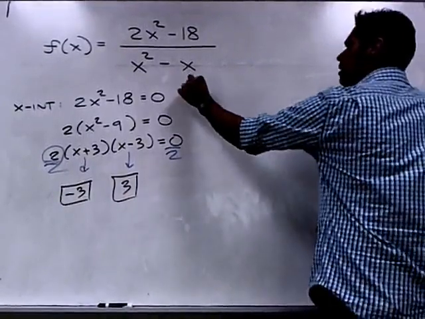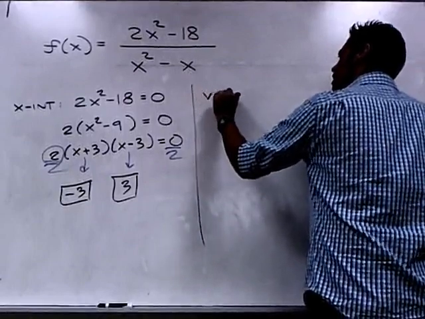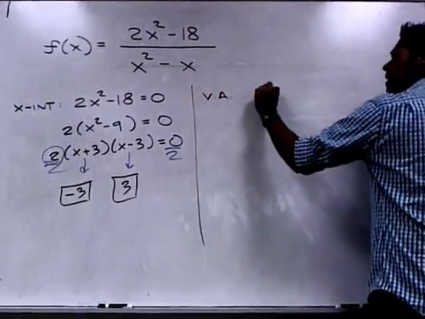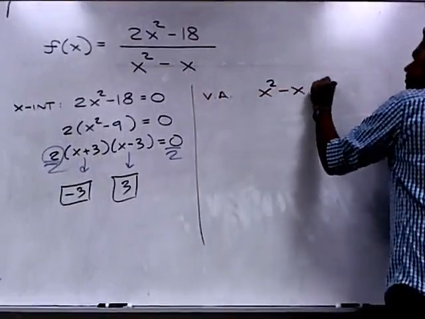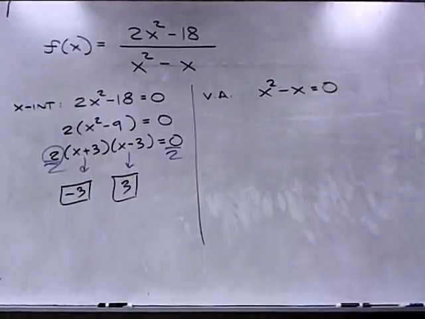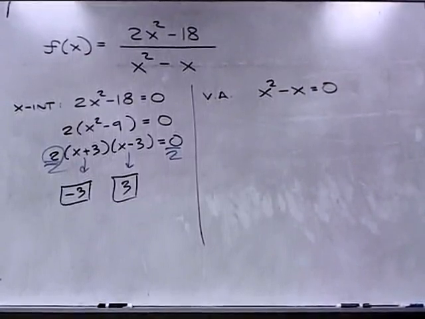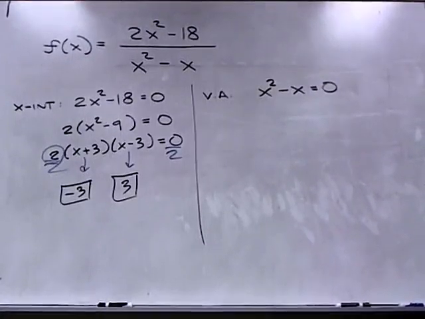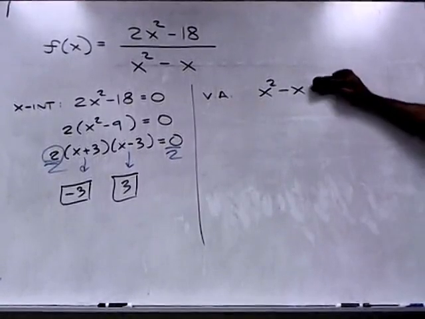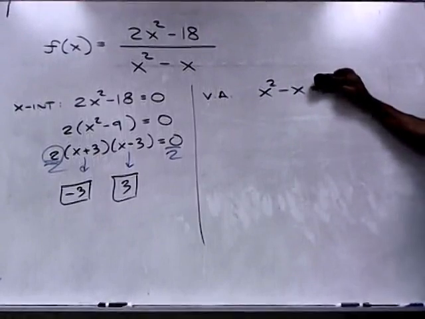Okay, next thing, vertical asymptotes. To do that, denominator equals 0. How do you solve that? Is that the only one? Factor the left side. GCF.